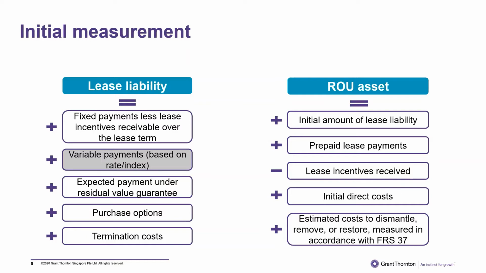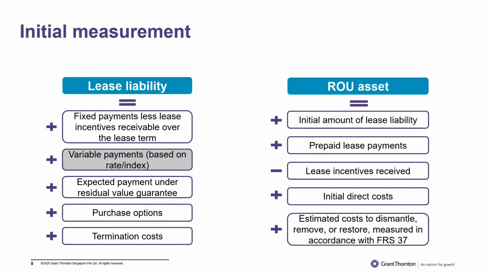You will recalculate your lease liability based on the new payouts, and you will continue to do this recalculation every year when the index changes, which causes the change in your variable payments. So it's important to note the difference between variable payments based on an index versus other variable payments. It's only the index ones which are considered for calculation of lease liability.